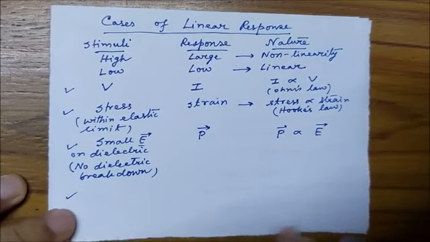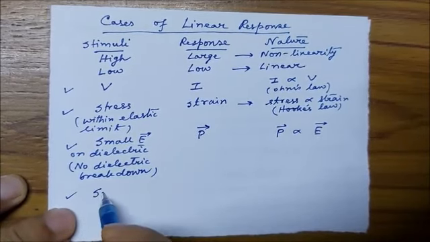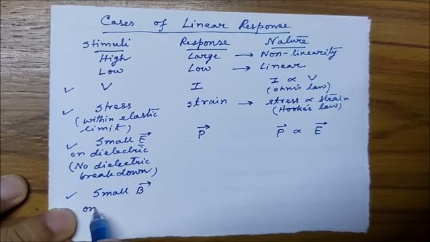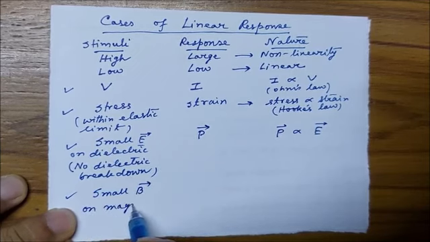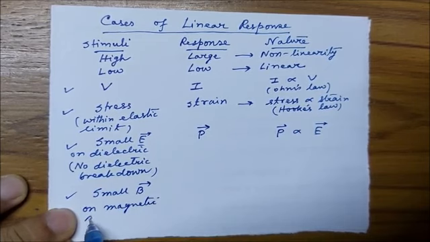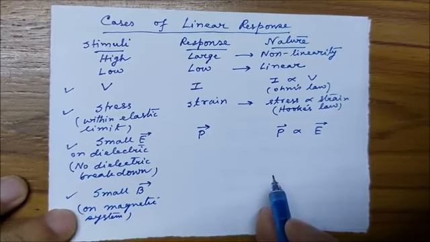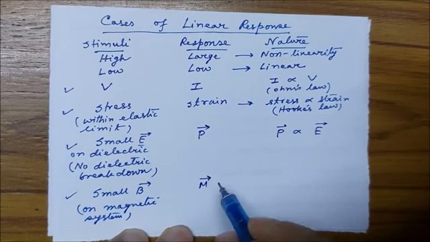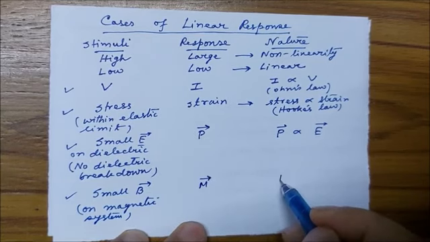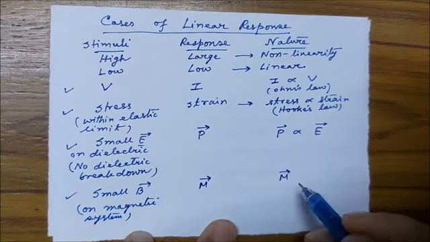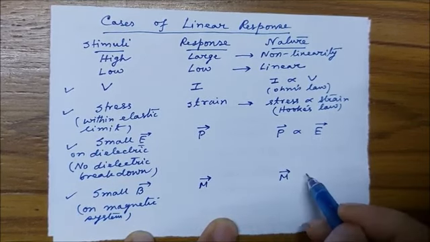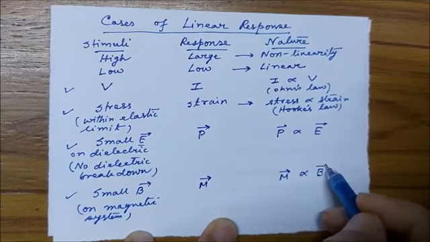Suppose on a magnetic system we apply a small magnetic induction. The magnetic system will respond by developing a magnetization, and for a linear homogeneous isotropic magnetic medium, M and B are proportional.